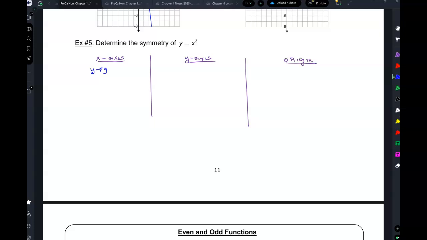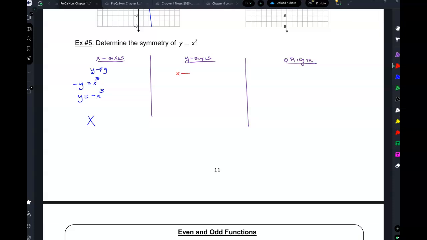So basically, you take your function and substitute negative y for y. So we have negative y equals x cubed. Simplify. You get y equals negative x cubed. You didn't get your function back. That's not your original function, so that's not symmetric.